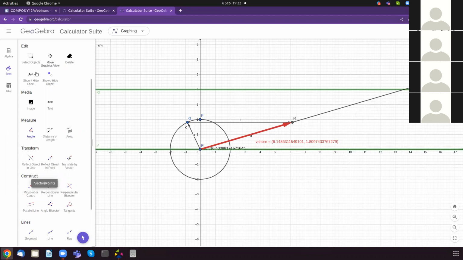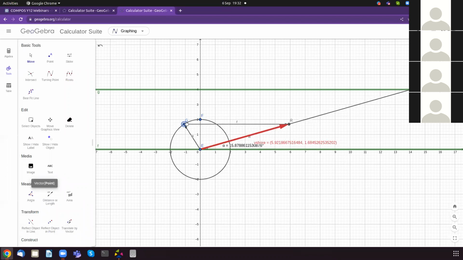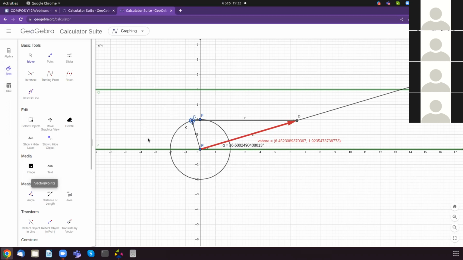So it's 16 degrees, 16.4 degrees, 16.5, 16.6. 16.6 seems like this is the maximum. And how to determine that this is the maximum?